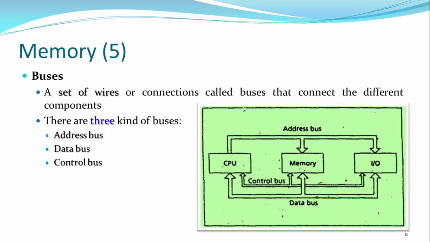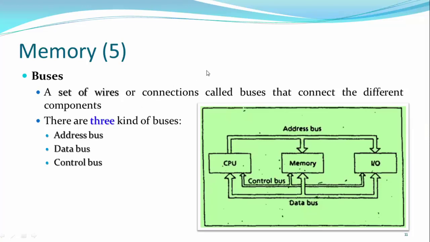It will check whether the CPU needs to wait for a moment or a few seconds in order to make the line free to get the address for a particular location. So the control bus always checks the status, whether it is ready or not ready. Any other questions from this particular slide?